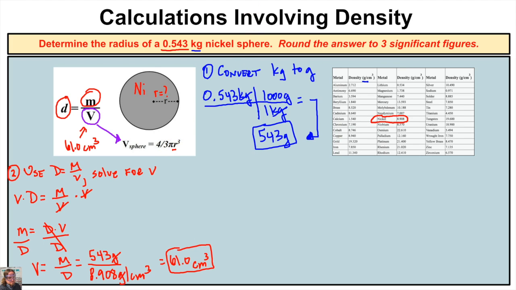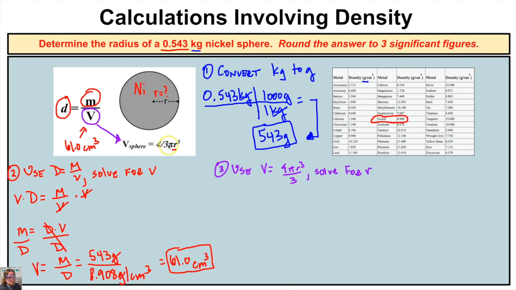So in step 3, we're going to use the volume of a sphere formula. So V equals 4 pi r cubed over 3, and we're going to solve for r. So let's go ahead and do that.